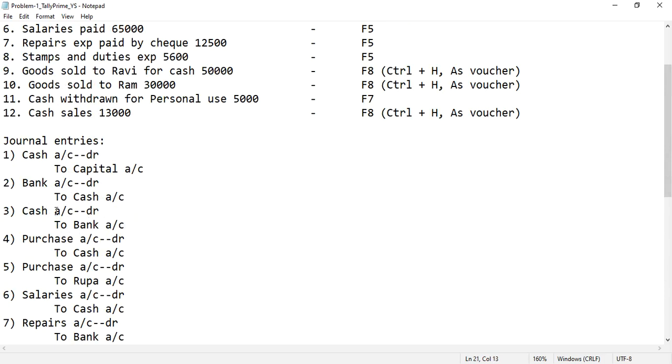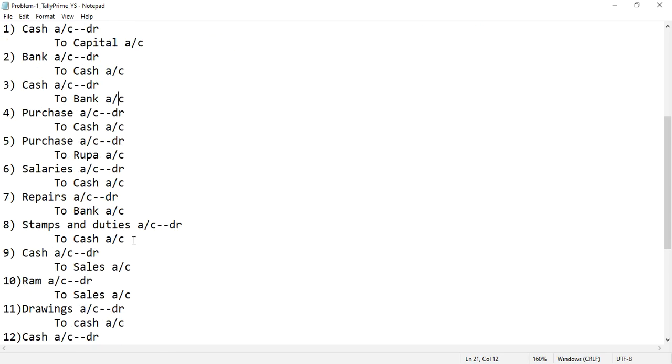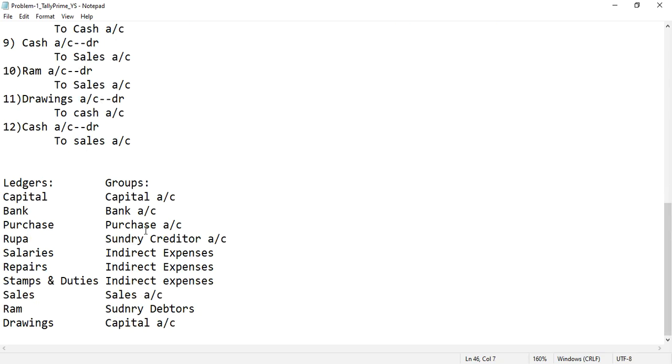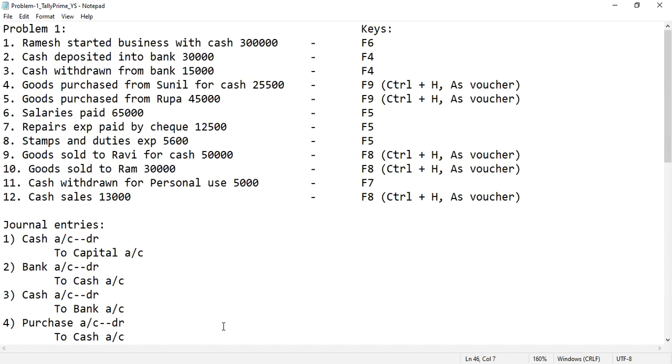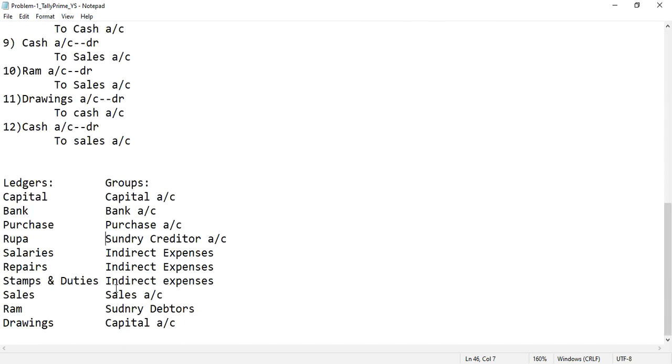Cash is already available, and we just created the bank, so we no need to create it again. Like this, if any ledger is repeated and you have created it once, you no need to create it again and again. So this is the question, these are the journal entries, and these are the ledgers.